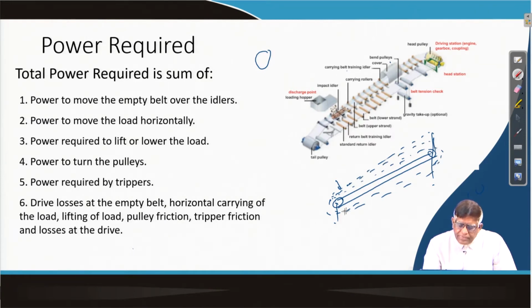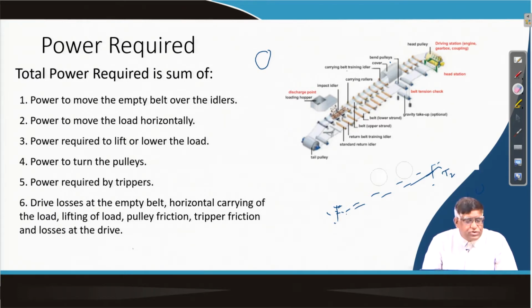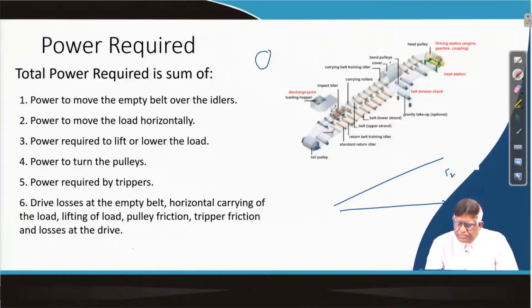So you will have some load coming here and some load coming here, giving a tension over here and another tension here. That way you determine the total load. The material will move this much horizontally and this much vertically, so the total power required is this plus this.